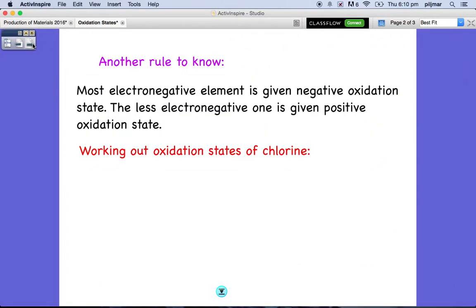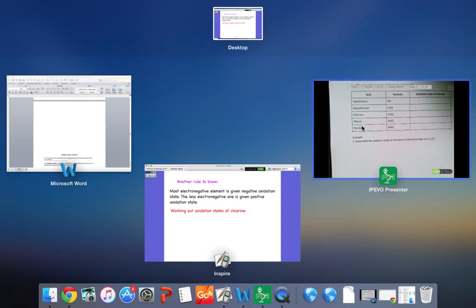If we look at another little rule to know, the most electronegative element is given the negative oxidation state. The less electronegative one is given the positive oxidation state. So let's see how that looks in theory. What does that mean in terms of chlorine in various acids?